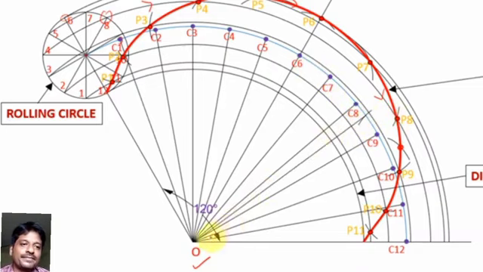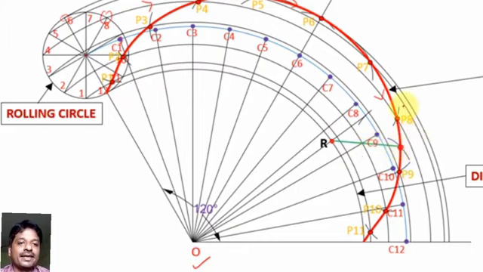From this point we have to draw a line towards the center of the directing circle and it cuts over here. So from that point to the 110 arc point we have to join together, which is represented here in green color. This green line is nothing but the normal line of the given problem.